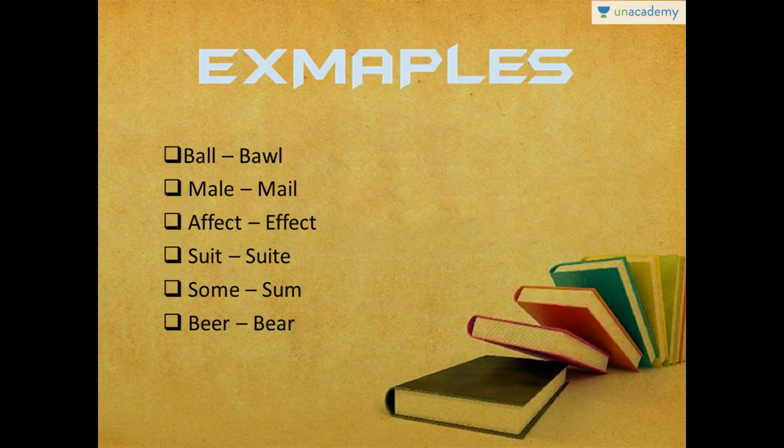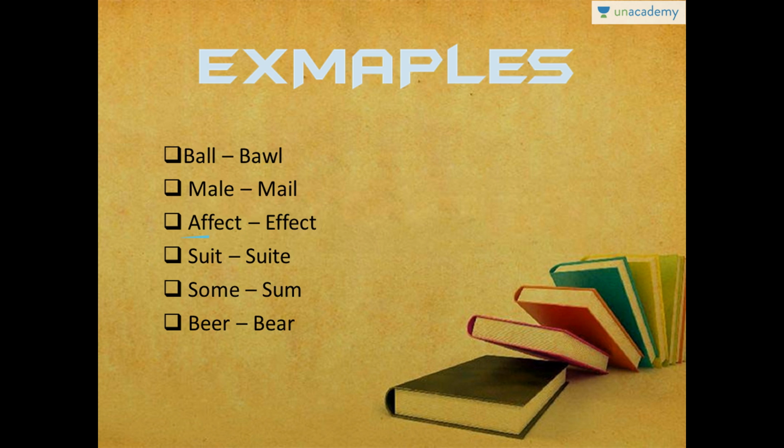And here we have a few more examples: ball and bowl, male and mail, effect and affect, suit and suite, sum and some, bear and beer. So this is a ball which we use for playing cricket, football and most sports, and the bowl which we use for serving dishes. This is male, which is a gender, and this is mail, the one we receive.